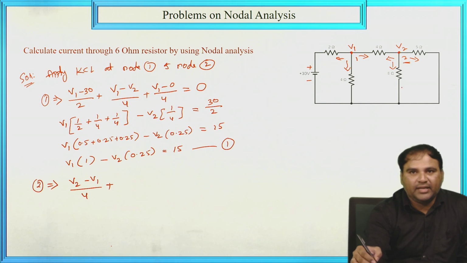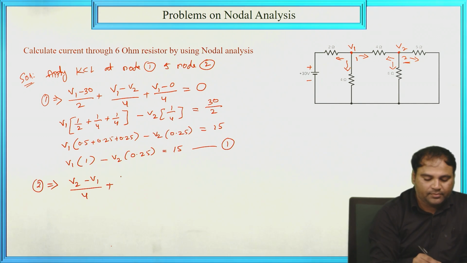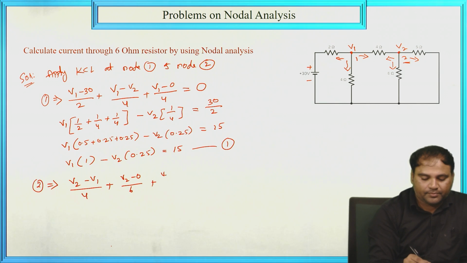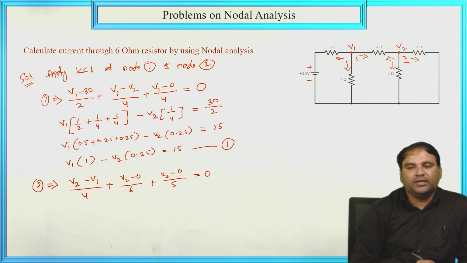So V2 minus 0 by 6 plus at 5 ohm V2 minus 0 by 5, that should be equal to 0 because here also there is no current source.